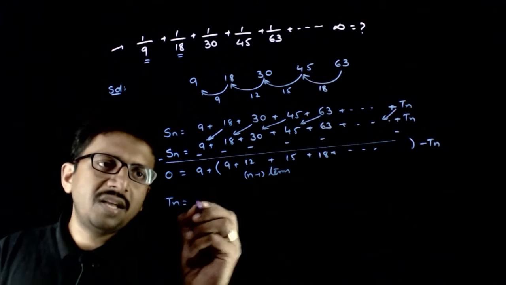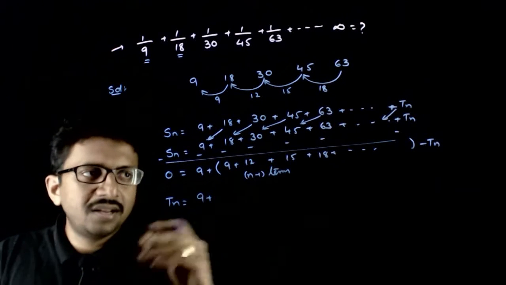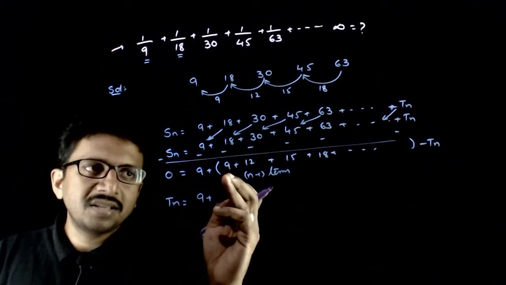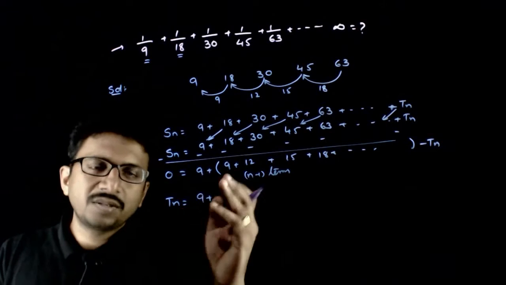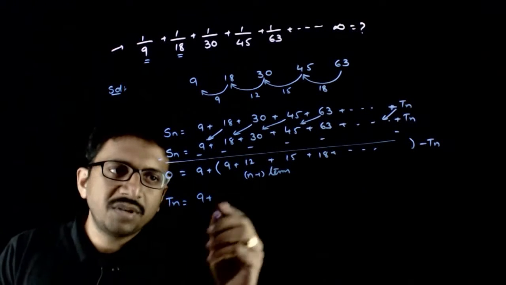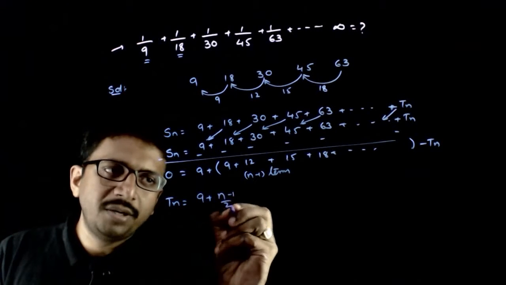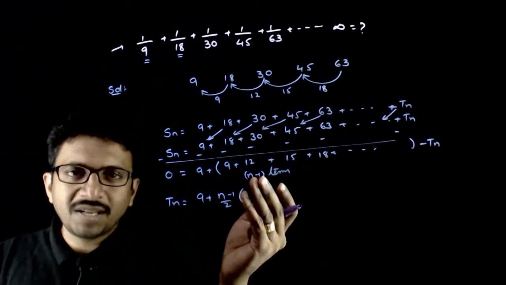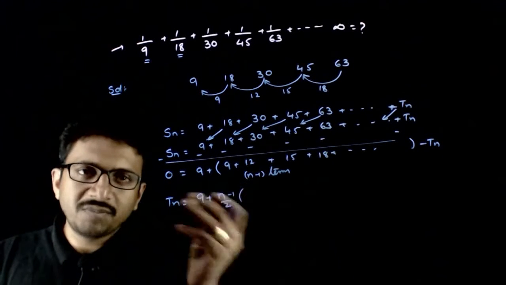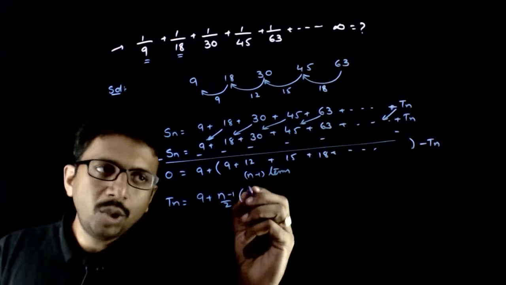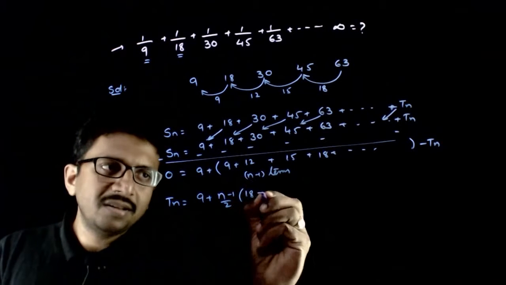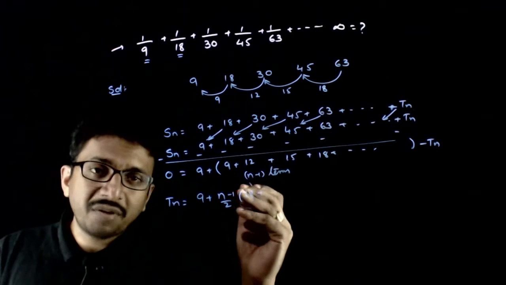So Tn is equal to 9 plus, can you see that this is an AP? So what is the sum of n terms of an AP? Number of terms by 2 into 2a plus number of terms minus 1 into common difference.